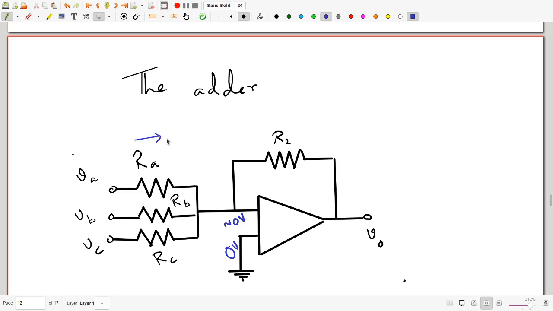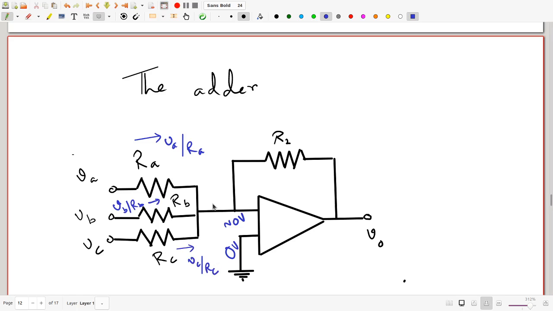So the currents through them are going to be VA by RA, VB by RB and VC by RC.